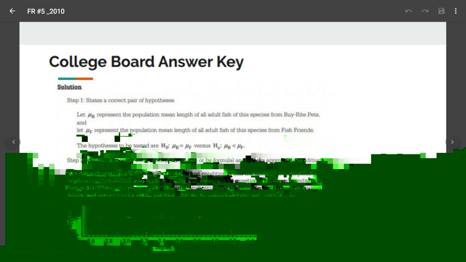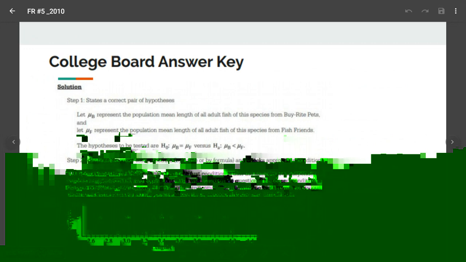We can let mu of B represent the mean length of the adult fish of the species from Buy Right, and mu of F represent the population mean length of adult fish of the species from Fish Friends. Remember, we like to say the true mean versus the population. Either way is fine. But then we also have to state the null and the alternative.